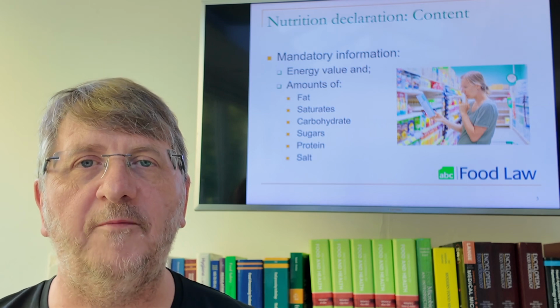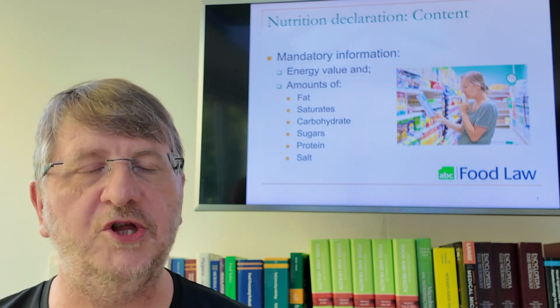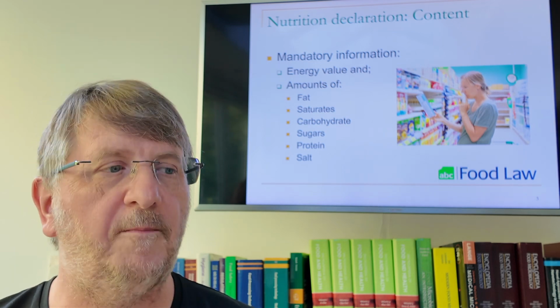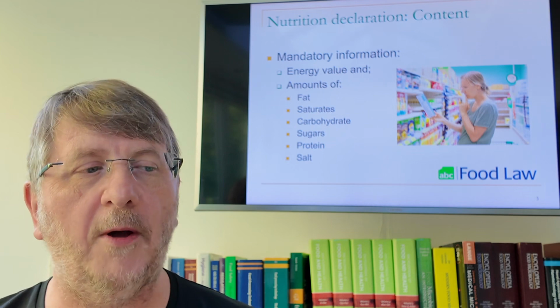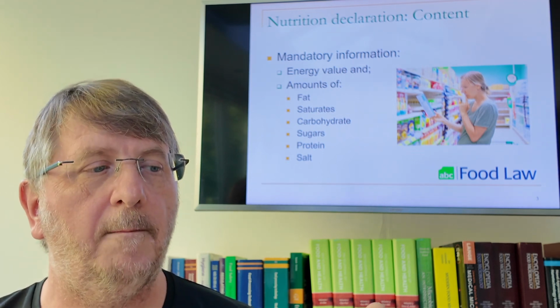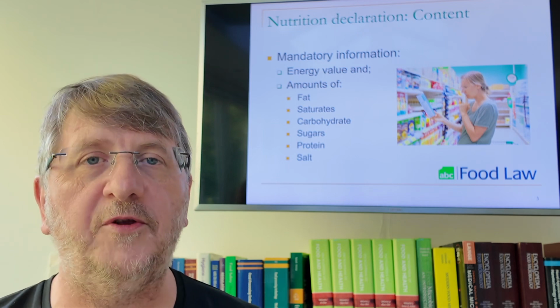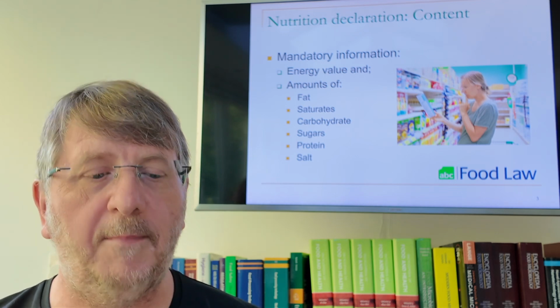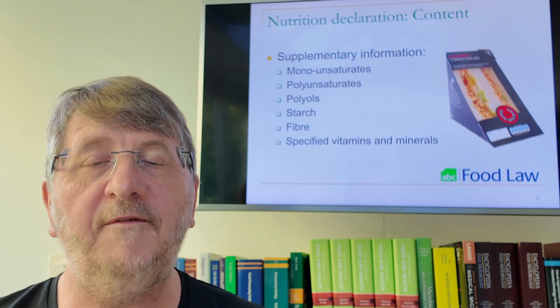Now, the mandatory information is the minimum that you must have, and that includes an energy declaration, followed by the amounts of fat, including saturates, carbohydrates, including sugars, protein, and salt. Those are your minimum, so you don't have to do any more than that if you don't want to, but the law provides for supplementary information to be added if you want.